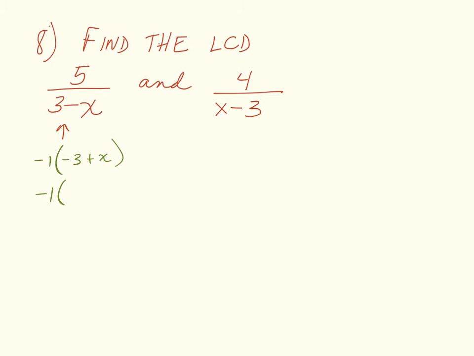Using the commutative property, I can rewrite this as positive x minus 3. So notice now we have x minus 3 in both of these denominators. So my LCD has to now include a negative 1 from this first factored binomial, and it must include an x minus 3. Okay, that's it.